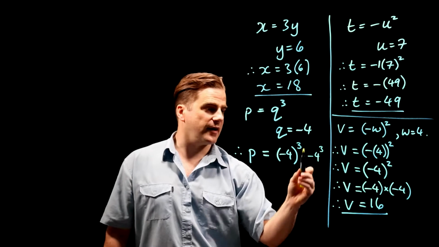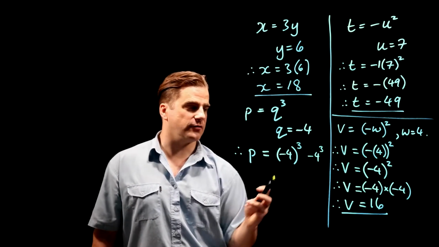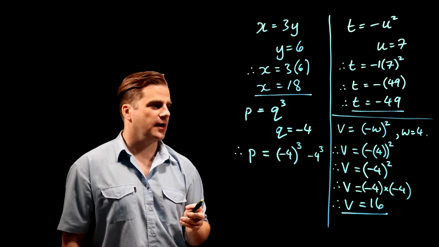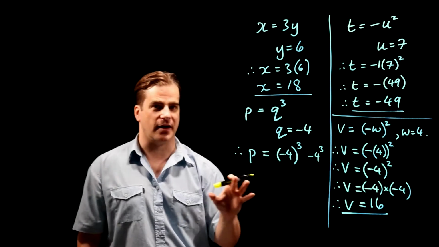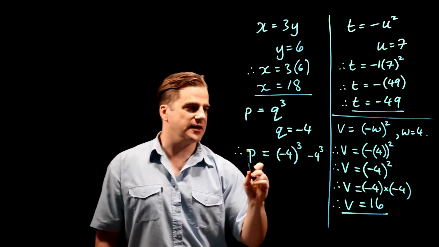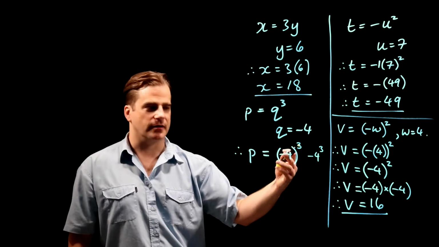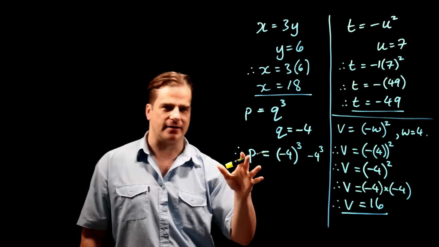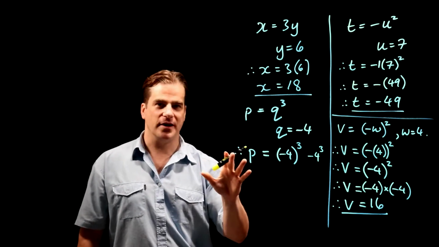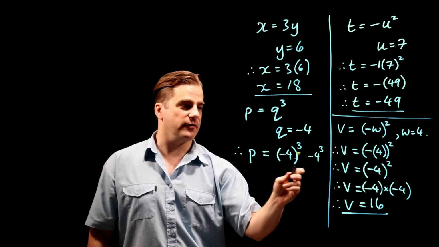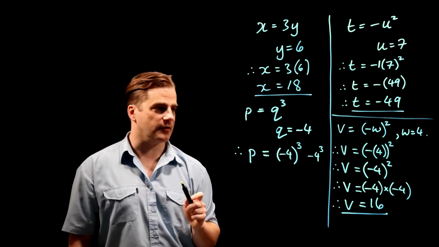In this case you do 4 cubed and then minus it. In this case you do minus 4 cubed. And yes, by pure chance those two happen to be the same thing, but generally they evaluate to the same thing. Mathematically they're not technically the same thing. My point is that often they'll evaluate to something different. Okay, always use brackets when subbing in.